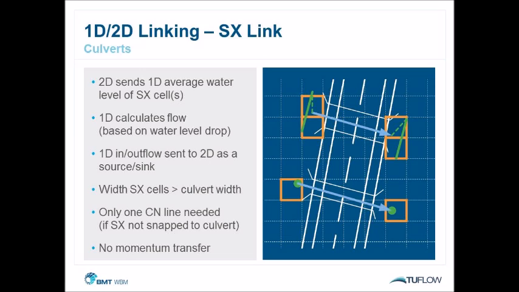So you need to make sure that the elevations of those SX cells are below the invert of the culvert. At least one has to be below for the system to run. But it's quite important to make sure you've got enough width there. Otherwise, it's like you'll be pouring water into a thimble, and the model will probably go unstable.